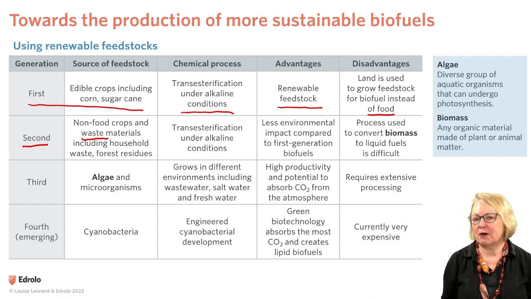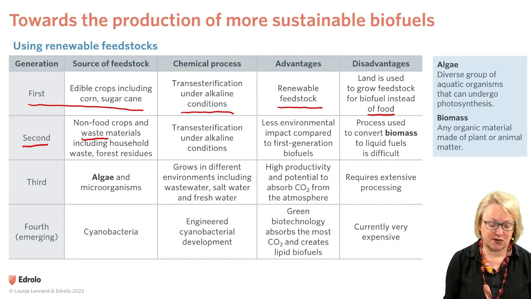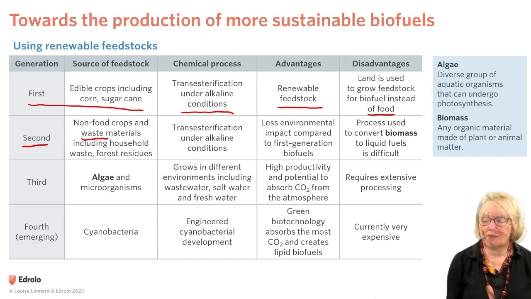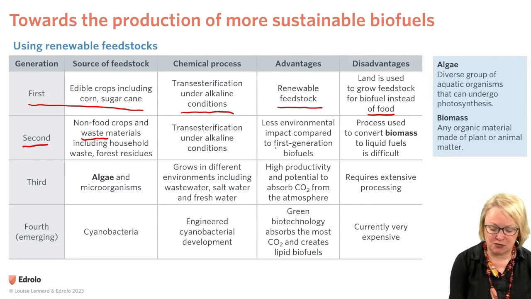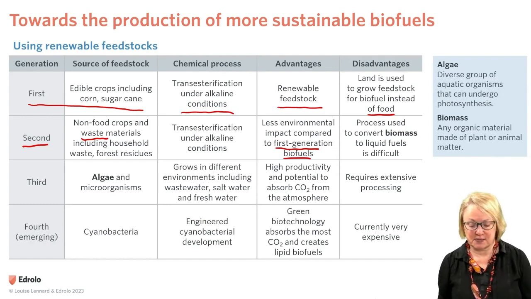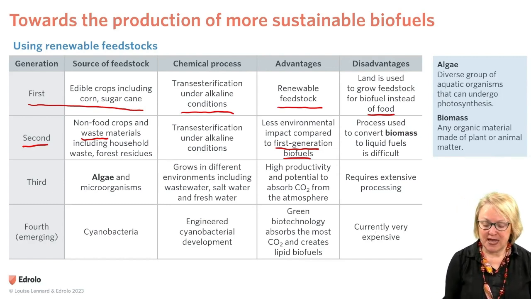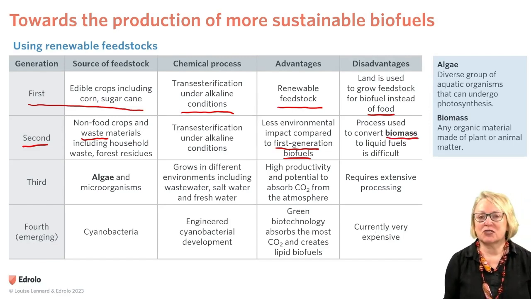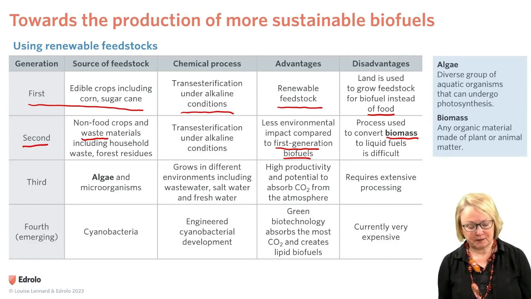The next generation, second generation, uses non-food crops and waste materials, including household waste. The chemical process could be, again, making biodiesel under trans-esterification with alkaline conditions. And there's less environmental impact compared to the first generation biofuels, which use food sources. The disadvantage is the process used to convert that biomass, that waste, to liquid fuels is difficult.